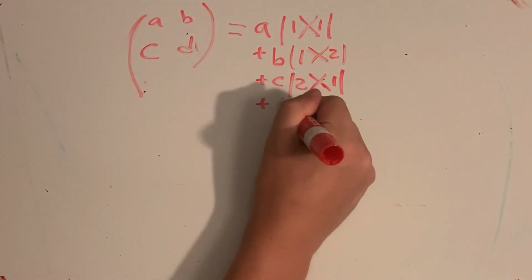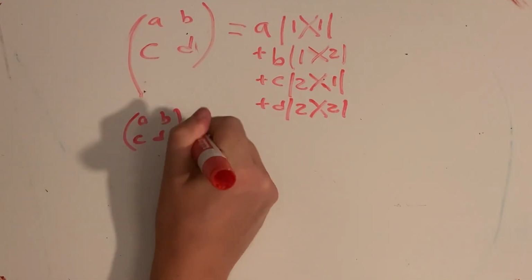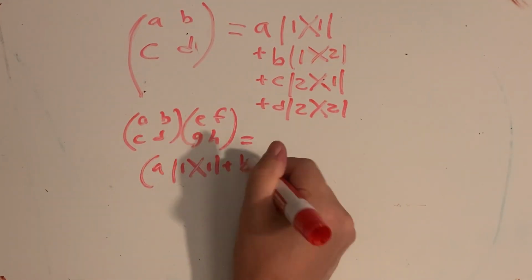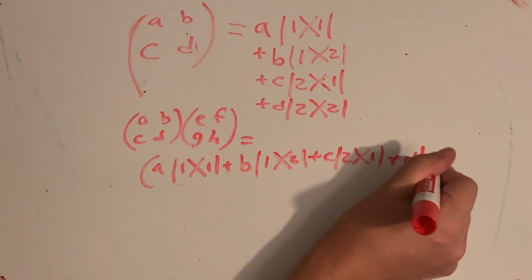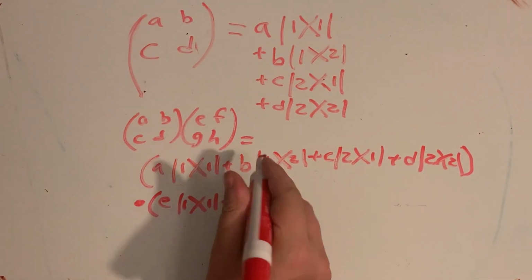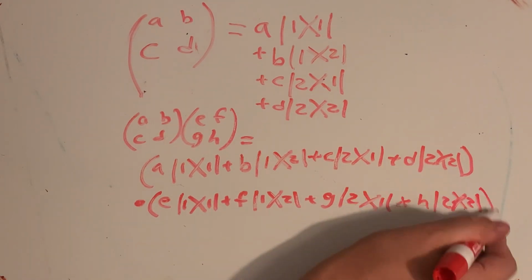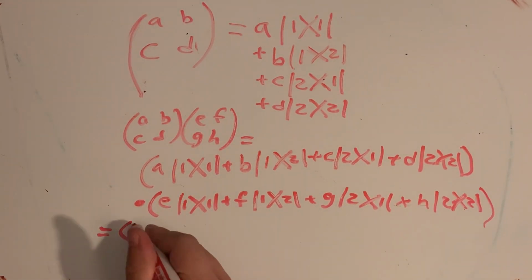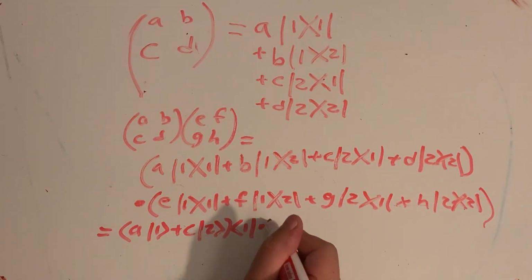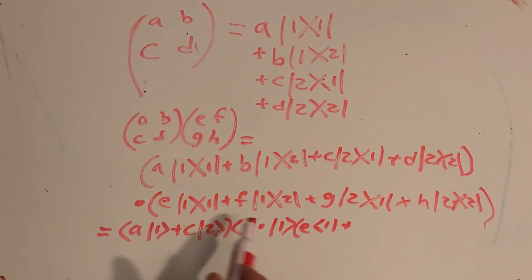In general, matrices are sums of ket bras times a scale factor, so permutations only have zeros and ones, and there's only one ket for every bra, and so on.